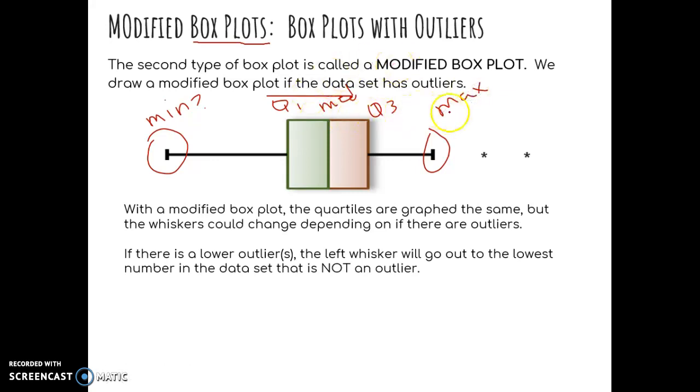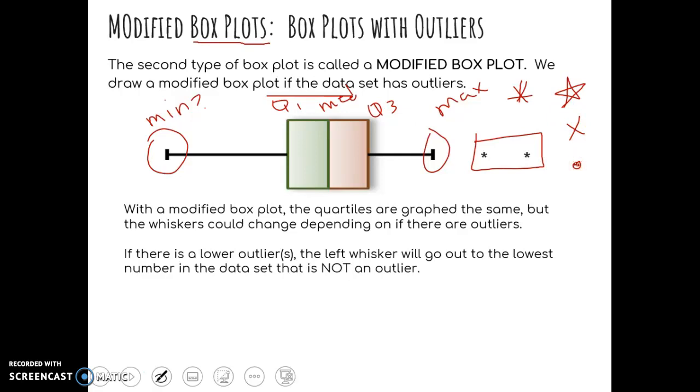However, it can't be an outlier. The normal endpoints, the normal ends of the whiskers, the horizontal lines, cannot be outliers. So basically what we do is we star, you can use an asterisk, you can use a star, you can use an X, you can use a big dot. You, in some way, make a special mark above the outliers that is separate from the box plot.